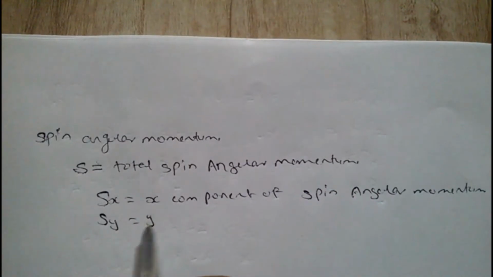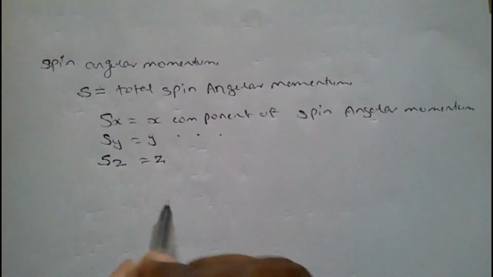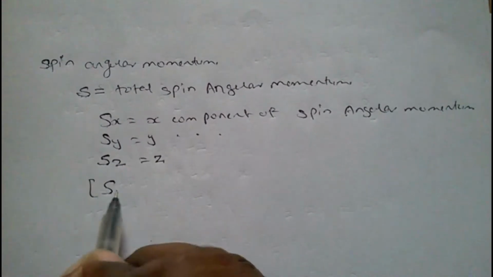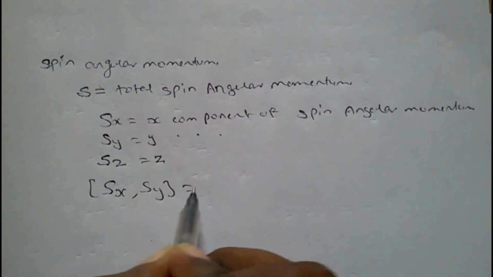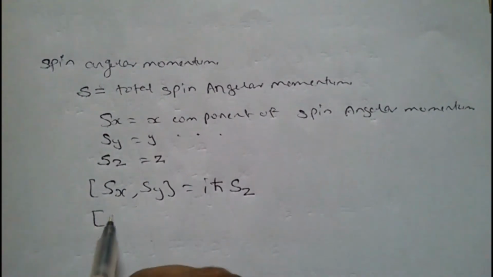Sy is the y component of spin angular momentum, Sz is the z component of spin angular momentum. So here similarly, Sx Sy value will be i h cross Sz, like this.